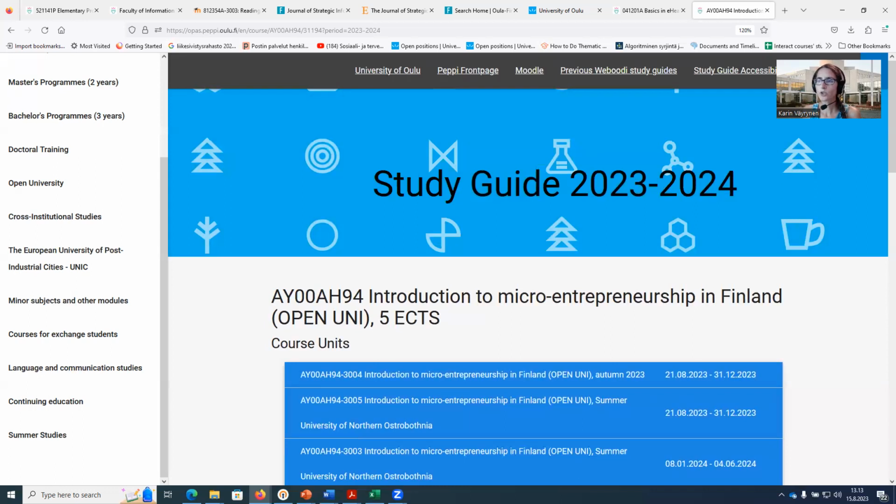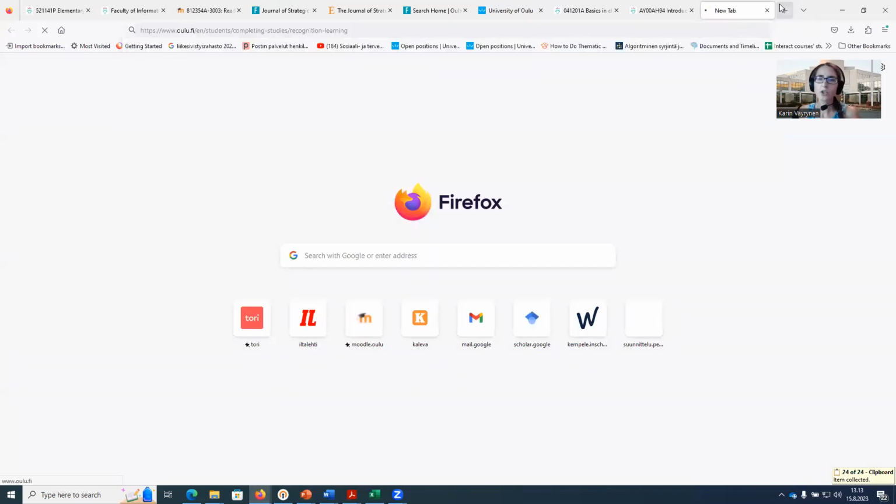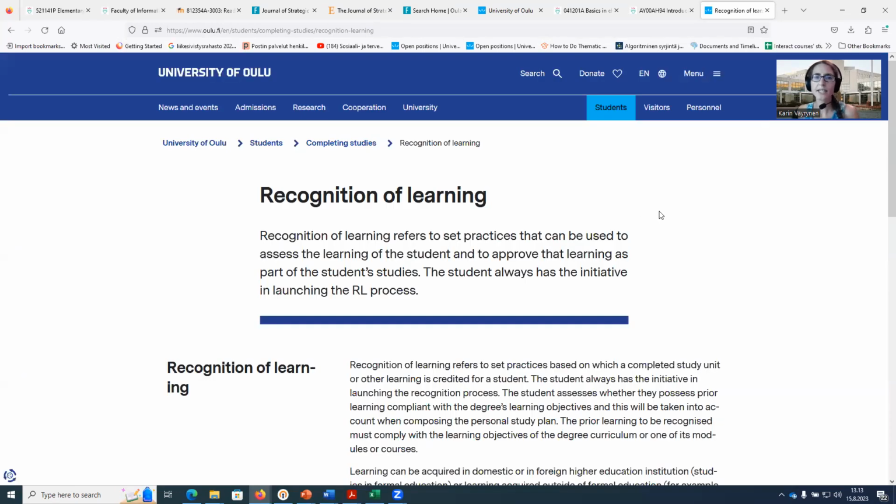And then what you need to do is make an application for recognition of learning. And that means you want to apply to having already completed studies included into your degree, usually as optional studies.